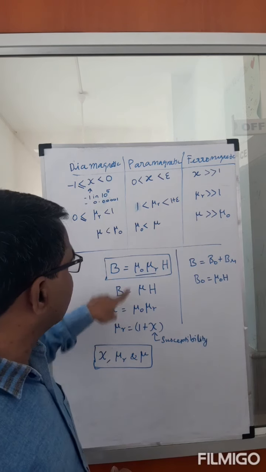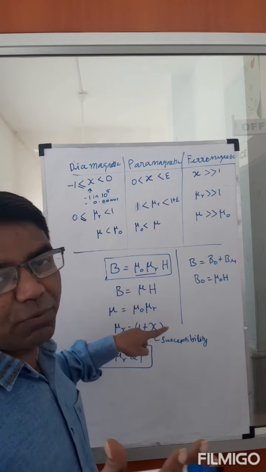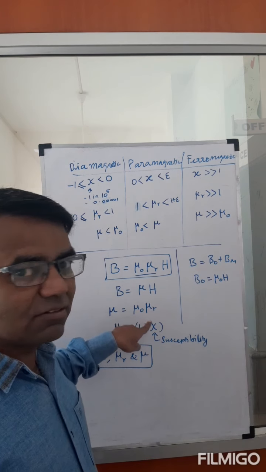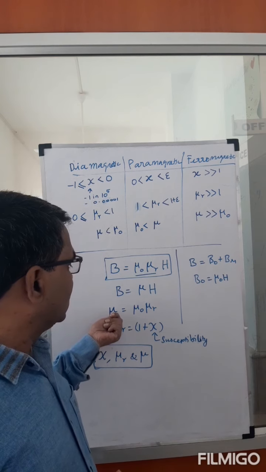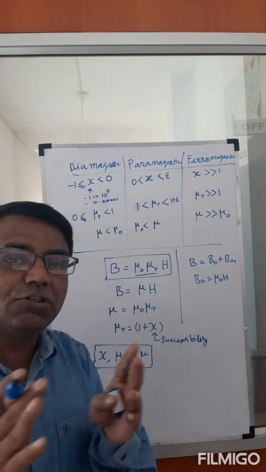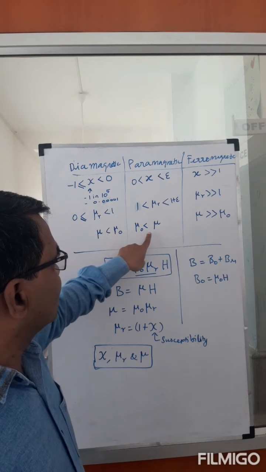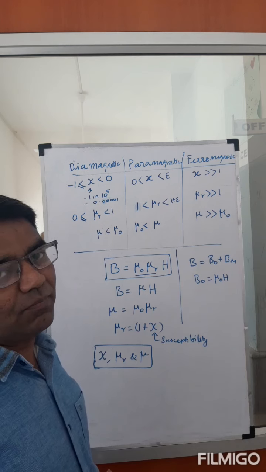Because this is more than 1, it could be 1.001 times mu naught, so mu is 1.001 mu naught, which is still greater than 1 mu naught. So mu is slightly greater than mu naught.